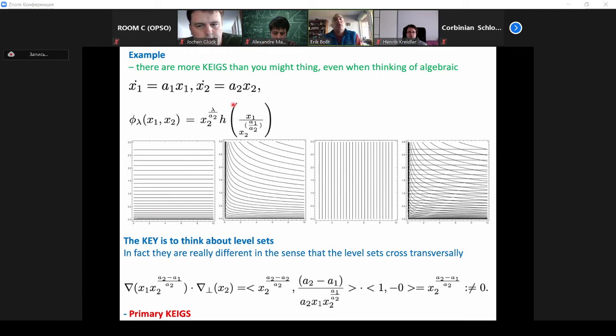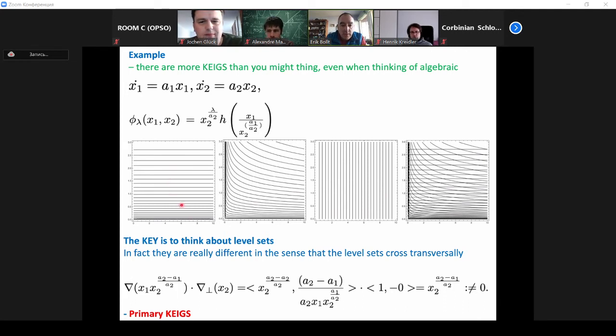So again, working with the linear problem because I can do everything in closed form, but I'll drop linear in a minute. This was the set of eigenfunctions. A nice way to look at these functions is to look at their level sets. That's a way to visualize it.